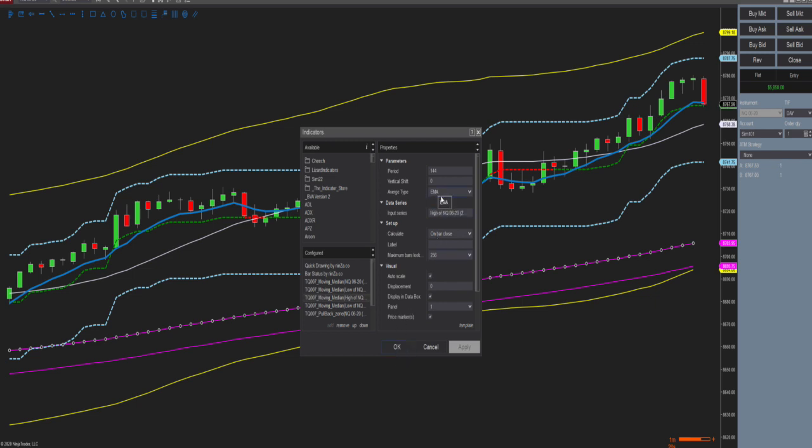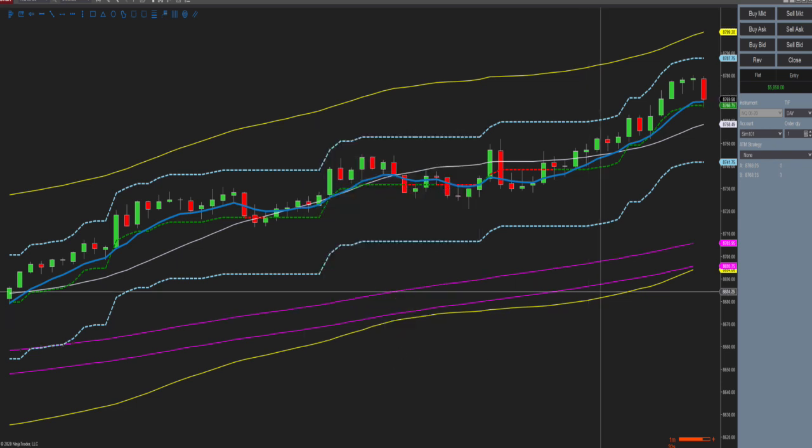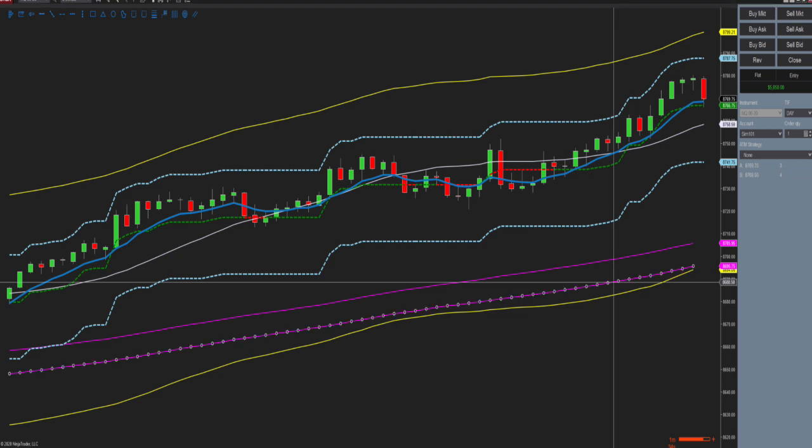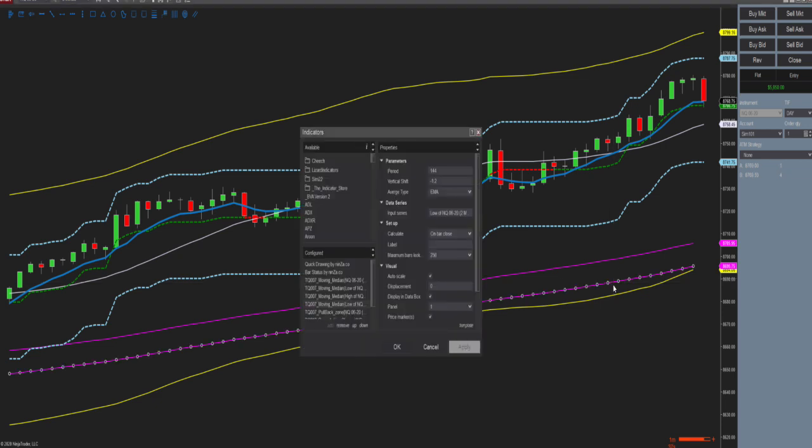So you can see here EMA average type, 0, 144, just like I sent yesterday in the email. And the bottom one is also EMA 144, vertical shift minus 12, with the EMA average type.